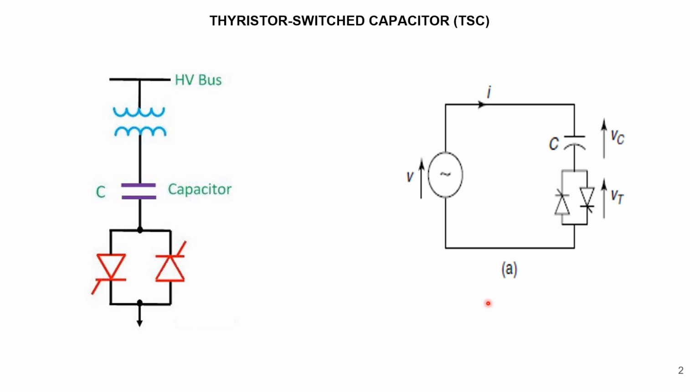This is the basic circuit diagram of the thyristor-switched capacitor. We will now look at the operation when the TSC is off and when the TSC is on.